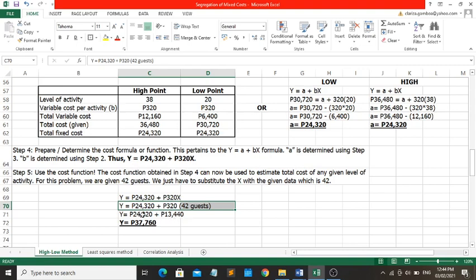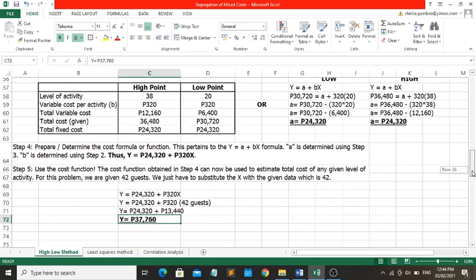Okay, so after that, meron na tayong total cost na mako-compute, 37,760. Kasi may total fixed cost tayo, 24,320, at may total variable cost tayo na 13,440. The total cost for admitting guest is 37,760. Yan ay para sa 42 guests.